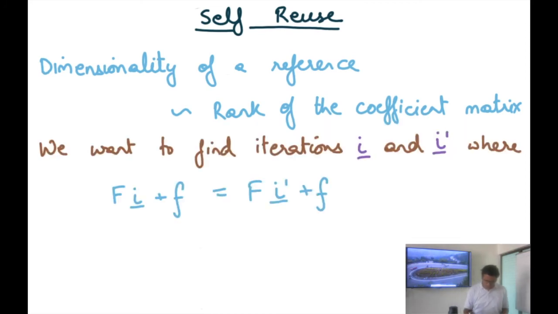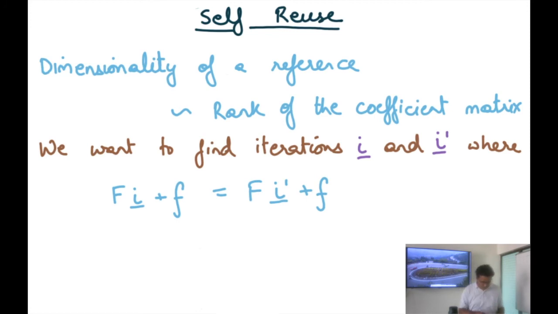Okay, so it is also easy to see this using some algebraic simplification. We want to identify whether there is self reuse or not. We want to identify two iterations I and I prime, where F I plus f equals F I prime plus f, right?